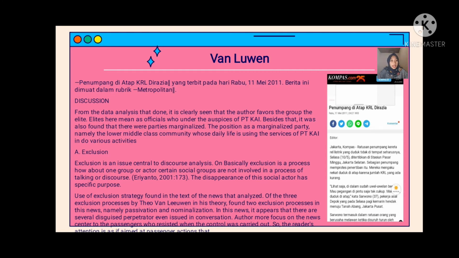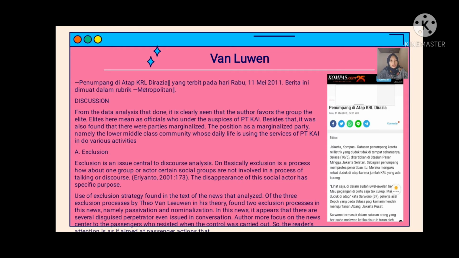The first one is exclusion. Exclusion is an issue central to discourse analysis. Basically, exclusion is a process in which certain social groups or actors are not involved in the process of talking or discourse. It is the disappearance of a social actor with a specific purpose.